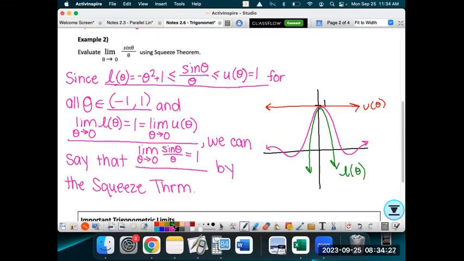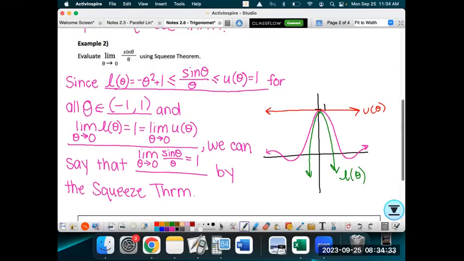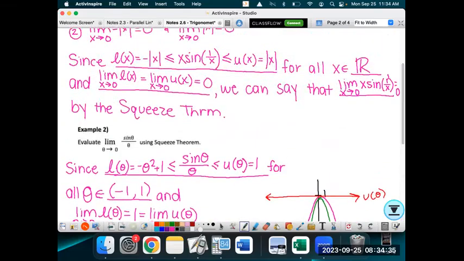Okay, I'm going to do the same thing for example 1. I'm going to draw the upper and lower functions first. So we had absolute value of x.